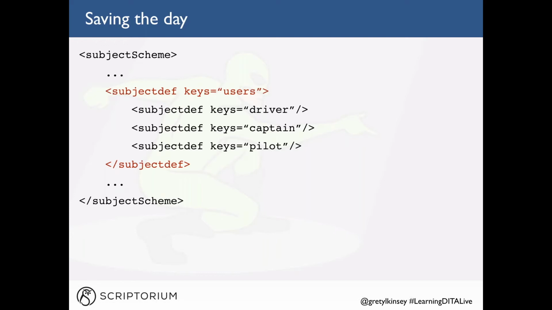So you would start by setting up a subject def element and giving that keys attribute a value of users, and that's going to be the main value for this category. And then within that subject def element, you have 3 other ones, one each for driver, who might operate a car or a motorcycle, captain, who would operate a boat, and pilot, who would operate a plane. So you've captured the different audiences that you might have for all of the products that you make.